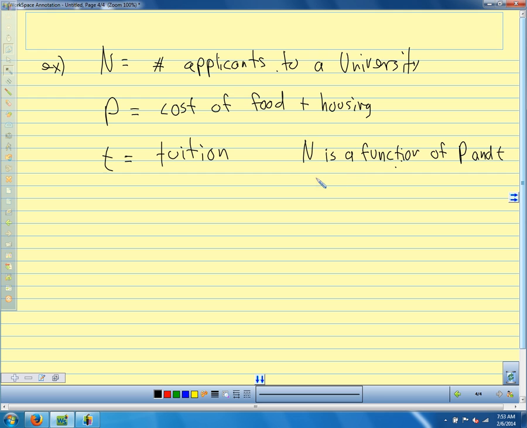And this function behaves such that the partial of n with respect to P is less than 0, and the partial of n with respect to T is less than 0. And I want to know, what does this tell us?